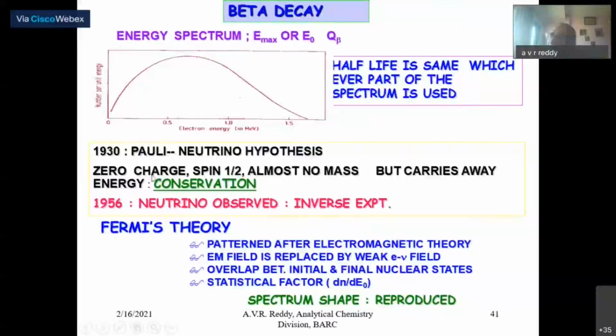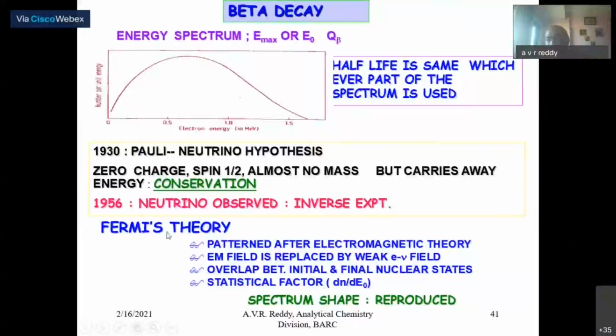So this forced the introduction of a non-detectable particle, the neutrino, which carries away half spin, and it has a small mass, okay, and no charge. As I told you, in 1956, Reines and Cowan measured the neutrino, observed it experimentally.